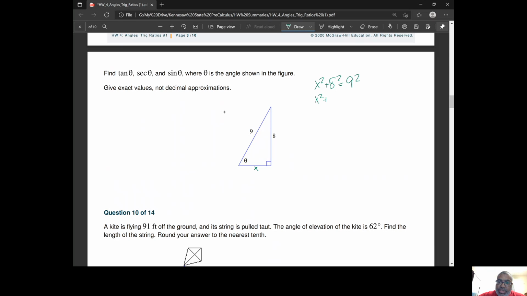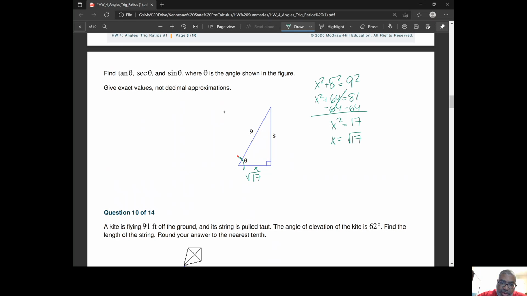So x squared plus 64 is equal to 81. Subtract 64 from both sides. x squared is equal to 17. So x is equal to root 17.